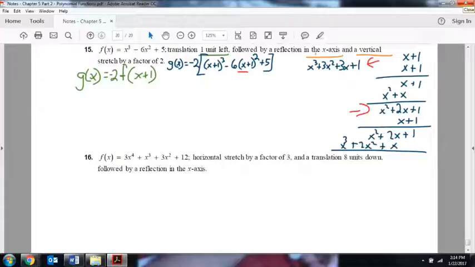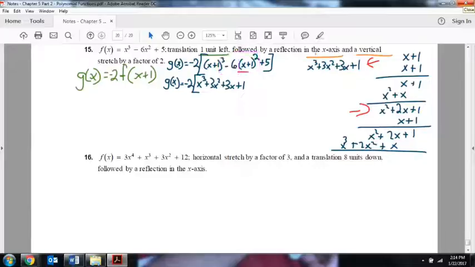So here we go. You ready? I've got, for g of x, negative 2, bracket. x plus 1 cubed is x to the third power plus 3x squared plus 3x plus 1. x plus 1 squared is this one over here, which I need to multiply by negative 6, because remember this x squared is being multiplied by negative 6.